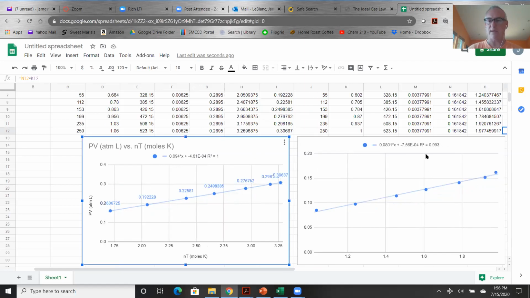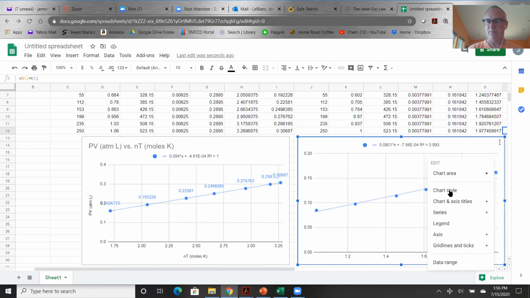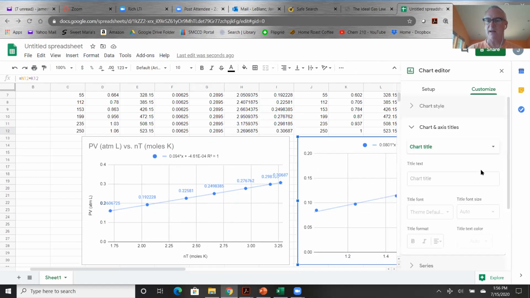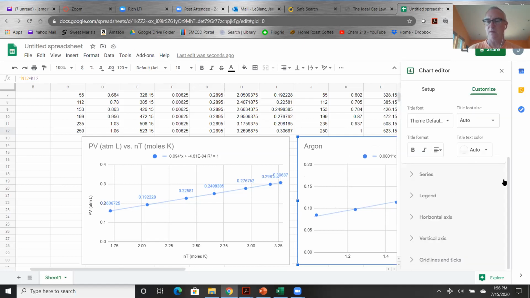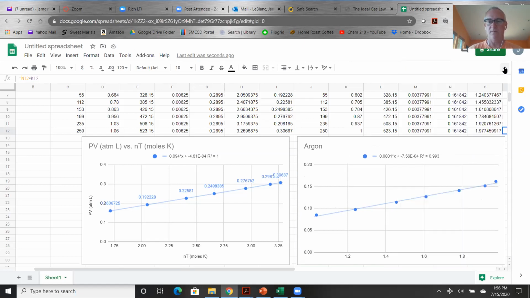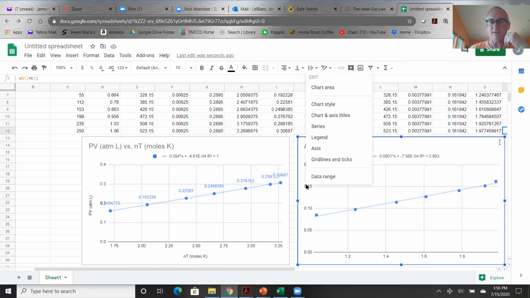I think you just right click, chart and axis titles. Give it a chart title and just type it in, and give it axis titles. So this would be argon, and you could even give the pressures, and then say you're plotting PV versus nT. Then just right click and pick the axis titles you want.